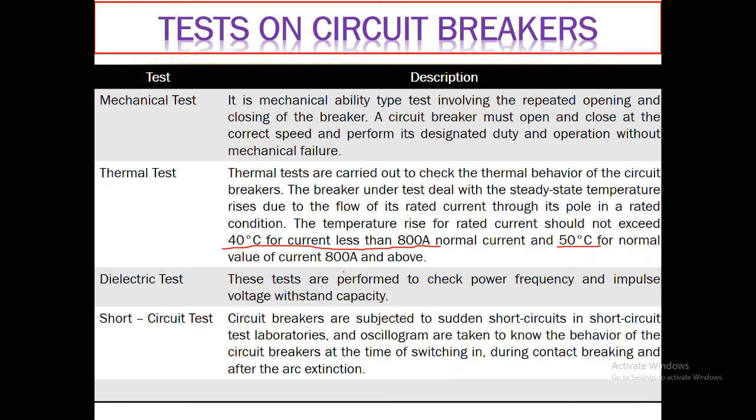These values are specifically for normal operation, not abnormal operation, because during abnormal conditions the circuit breaker has to perform its designated duties. Otherwise, because of the larger temperature rise, the circuit breaker contacts may get melted if the circuit breaker fails to perform its duty.